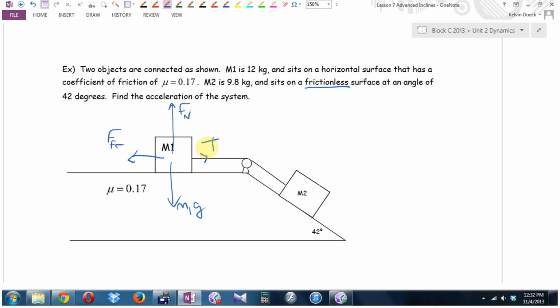What are the forces acting on mass 2? Give the obvious one. Gravity. What else? Normal force number 2. What else?